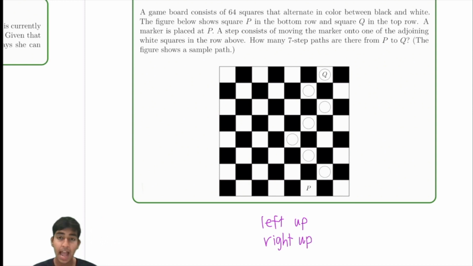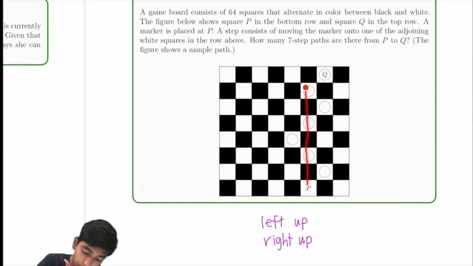And like I mentioned earlier, left up, right up. And there's 7 different moves. Oh, but notice here, we're going right 1 square. At the end, we're going up 7 and right 1. 7 step paths, and each step is left or right.